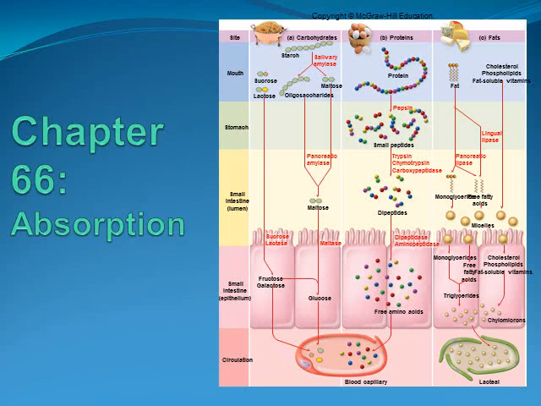And then it shows how the single units, so the glucose or the free amino acids or the micelles, cross the cells themselves. And then in the case of glucose and amino acids, those go right into blood and they go to the liver and are processed. Versus the fat is broken down from the micelles into even smaller units called chylomicrons.